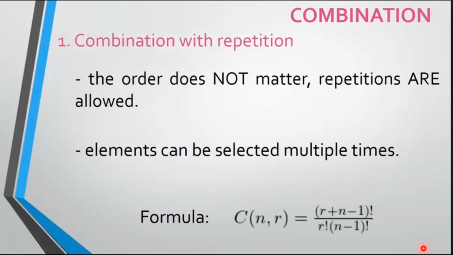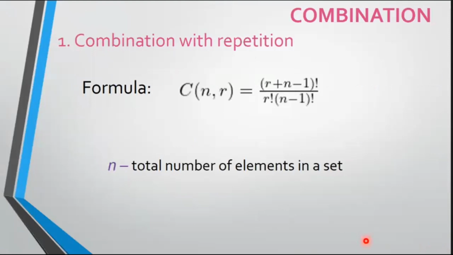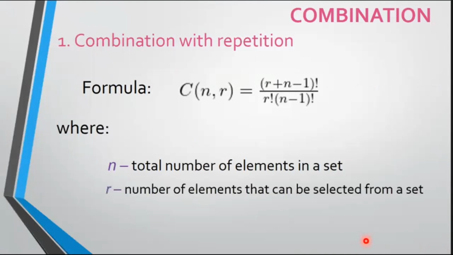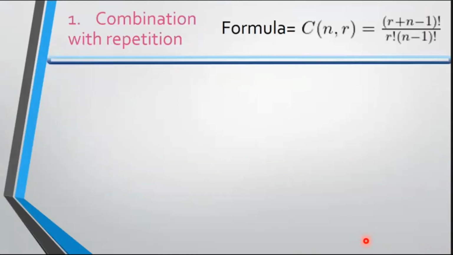So we have our formula here: C(n, r) is equal to (r plus n minus 1) factorial over r factorial times (n minus 1) factorial, where n is our total number of elements in the set, then r is the number of elements that can be selected from a set.